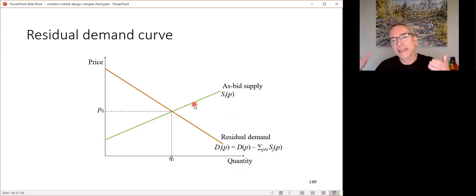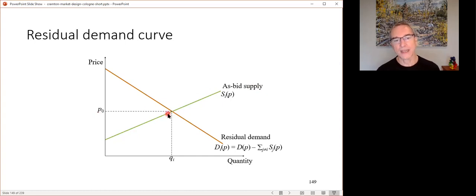And I say as bid because I don't have to bid the truth, my true marginal cost. This is what I'm going to be giving to the system operator as my as-bid supply curve. And in all the electricity markets in the United States, these supply curves are specified as piecewise linear curves. You can also specify piecewise constant if you want, but most participants specify piecewise linear, just as we have here.